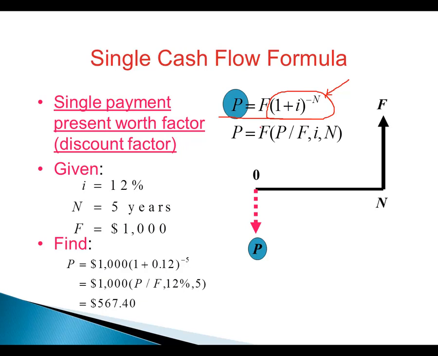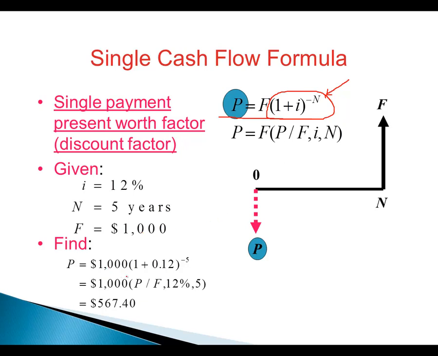You multiply that by the future value and you get the present value. So given interest rate I with 12%, N with 5 years, and F with 1,000, calculate the present value, or the current value, or the principal value that you need to invest today, or you need to deposit today.